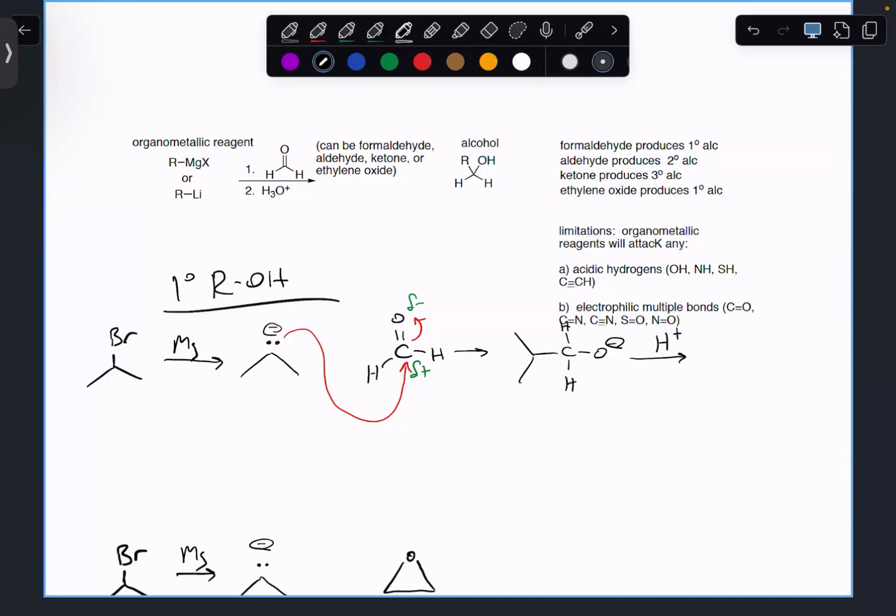There will always be an acidification step because you have to provide that O- its proton if you want to isolate a neutral organic molecule. But the bottom line: if you add a Grignard reagent to formaldehyde, you will make a primary alcohol.